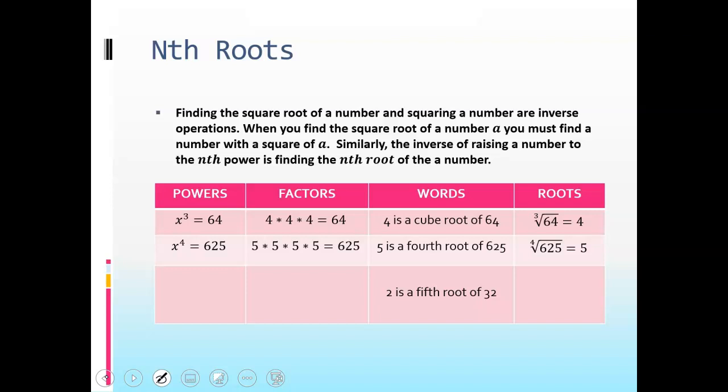If you have a fourth root, looking for 4 of the same number inside. So if I am taking the 5th root of a number, I am looking for a number I can multiply together 5 times to get to 32. So what number times itself 5 times?